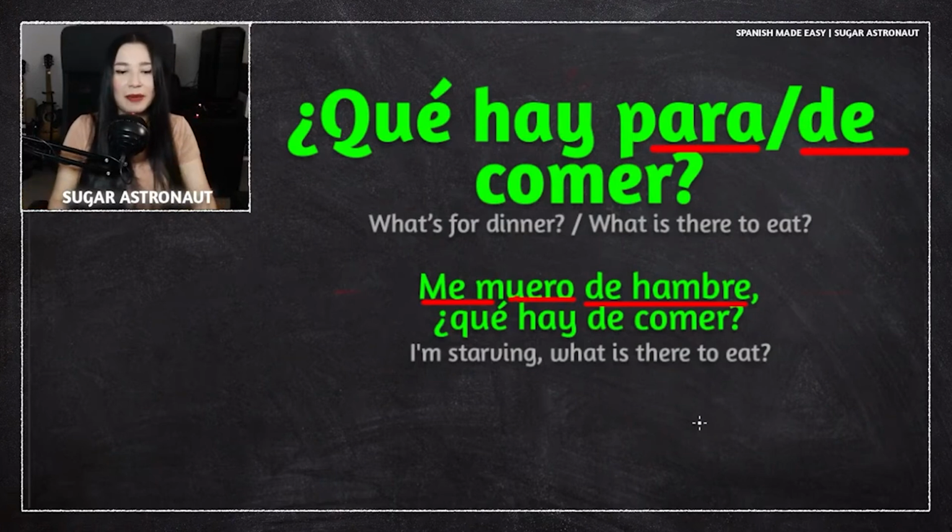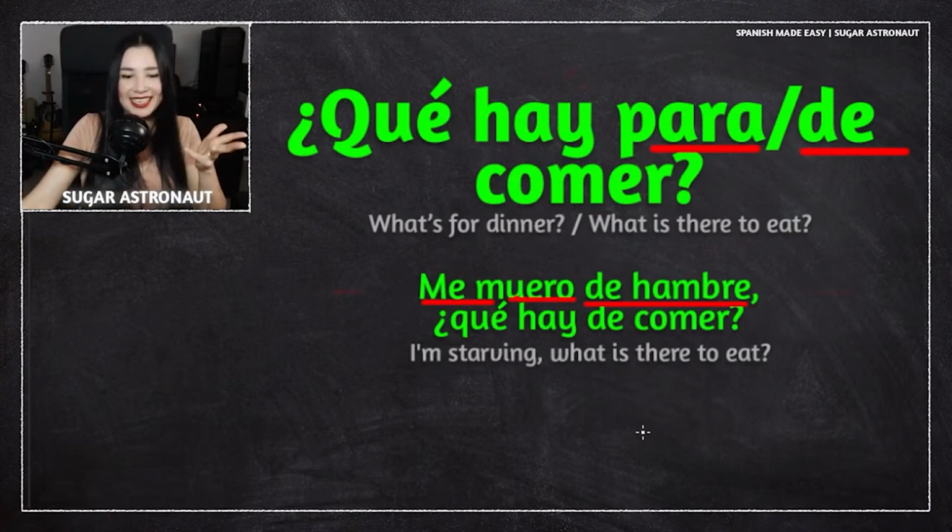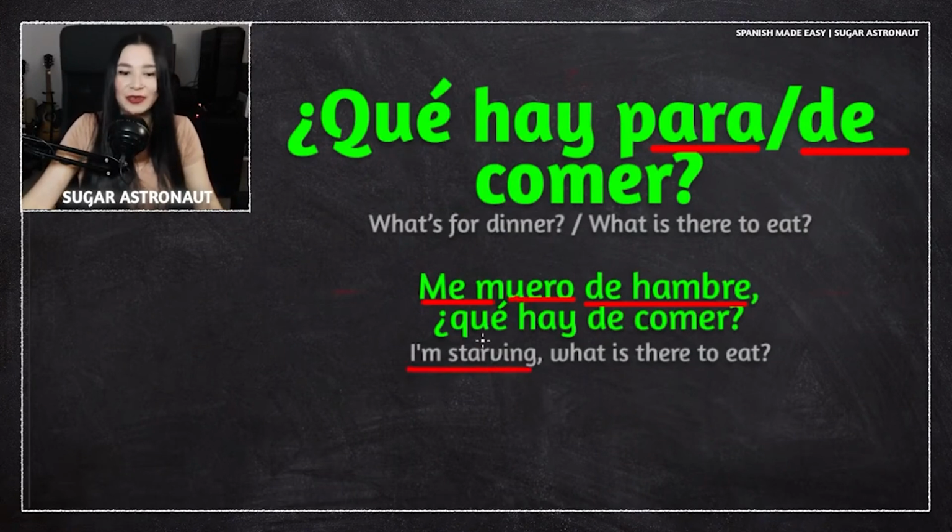I'm dying of hunger. Oh my God. Very dramatic. So you can say that when you feel that you're starving. It's similar to saying, obviously, I'm starving. You're really, really hungry. And then you ask, ¿qué hay de comer? What is there to eat?